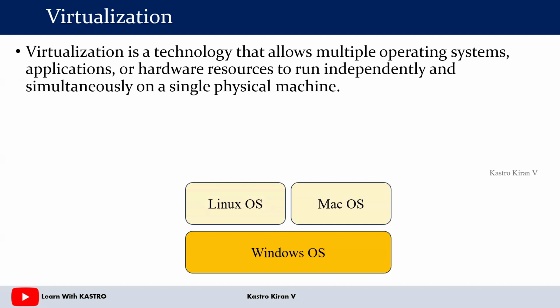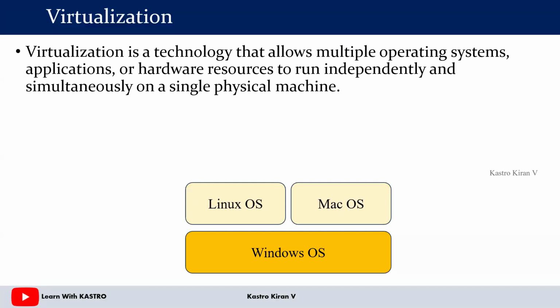Now here, what is meant by physical machine? A physical machine is something which is a Windows-based operating system. So here I have developed the application in the Windows-based operating system, and I want to check the compatibility of the same application on the other two types of operating systems, that is Linux and Mac operating system.